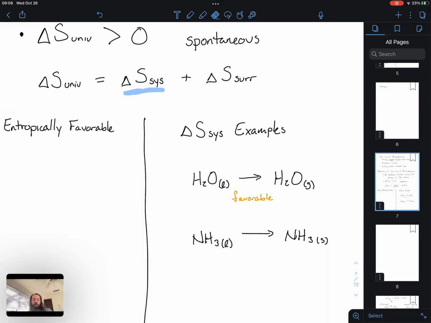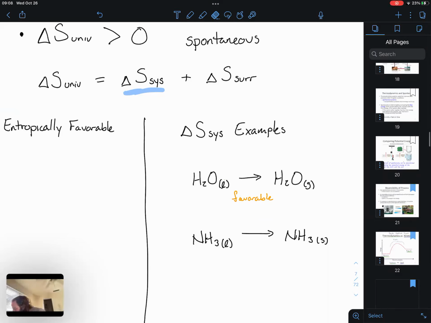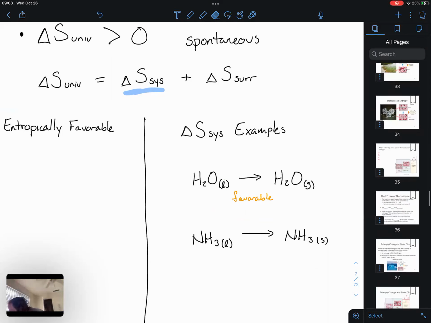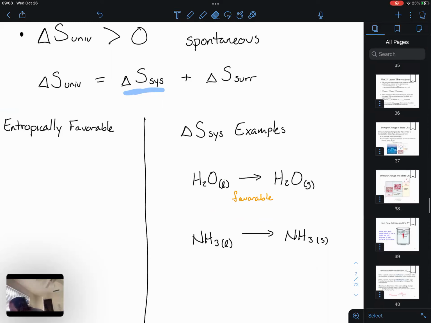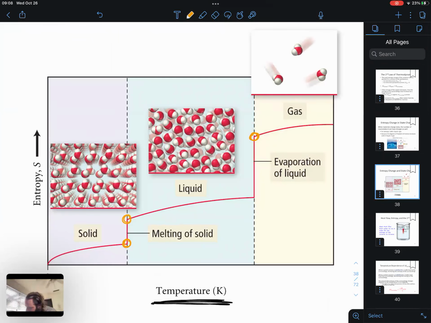Gases are the most disordered state of matter that you could possibly have, right? So if we go back to our entropy diagram for water as it changes in temperature, what we saw was that if we go from the solid phase to the liquid phase, there's a big jump in entropy. But if we go from the liquid phase to the gas phase, that jump is even greater. Gas molecules have absolutely no set orientation.